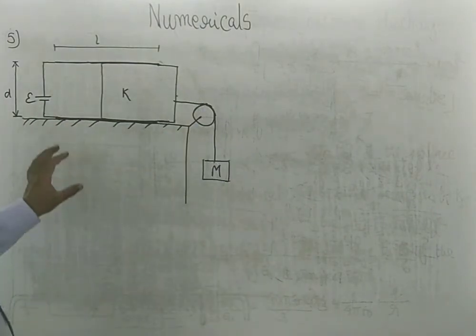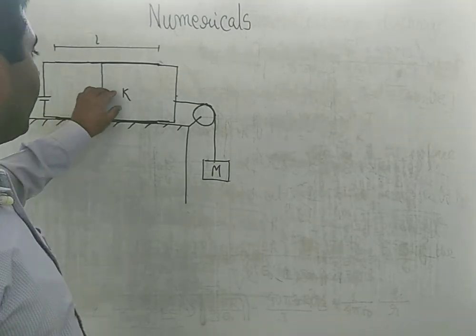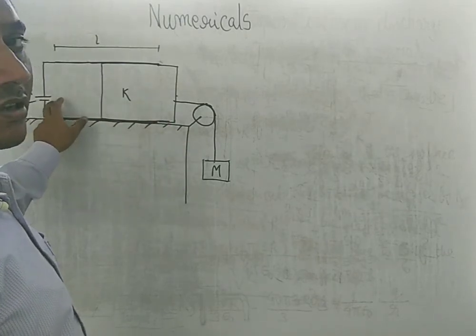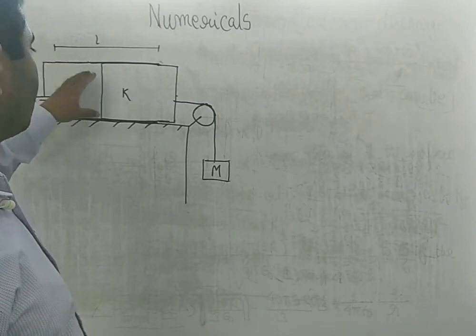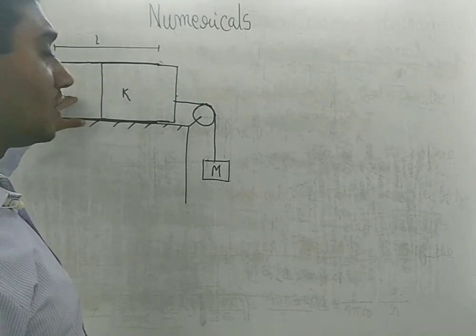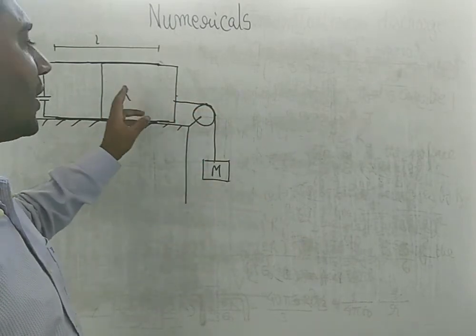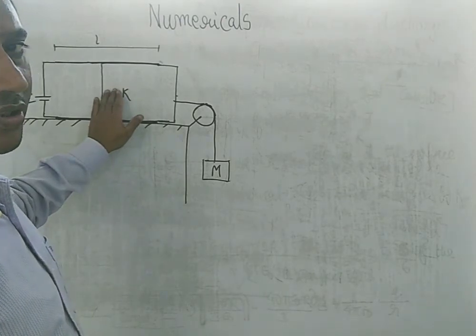Now, here we will be using the concept that the force applied by this battery, when this capacitor is charged, pulls the slab here and the weight pulls it here. So when they are balanced, this is the equilibrium condition.